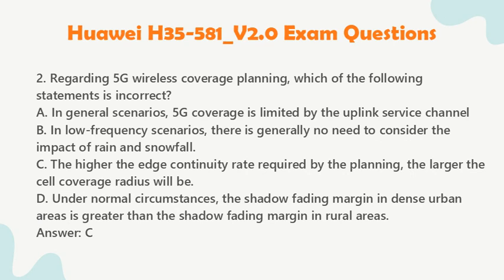C. The higher the edge continuity rate required by the planning, the larger the cell coverage radius will be. D. Under normal circumstances, the shadow fading margin in dense urban areas is greater than the shadow fading margin in rural areas. Answer. C.